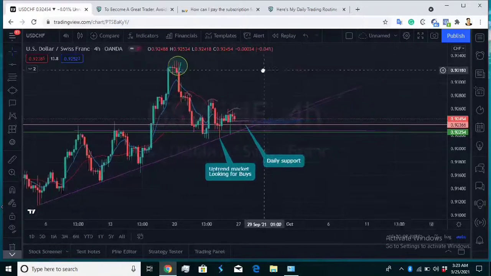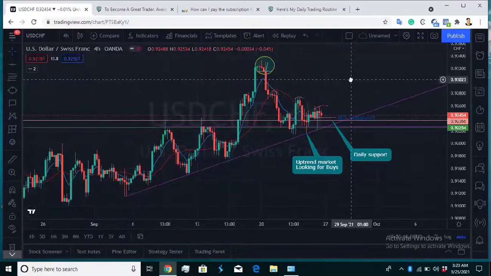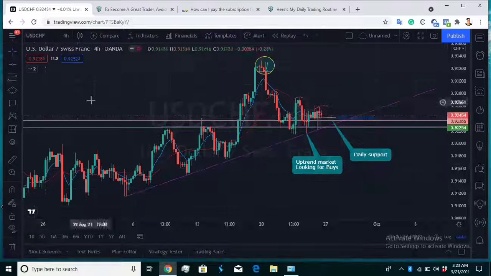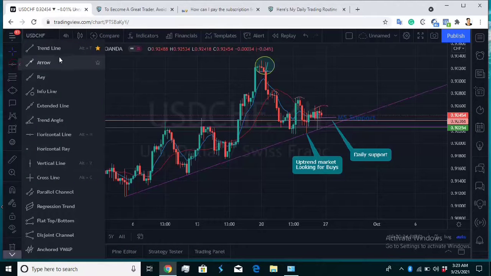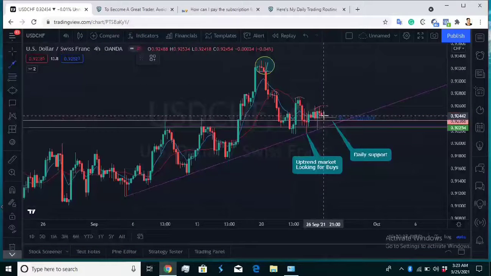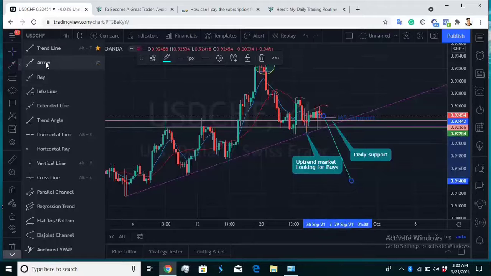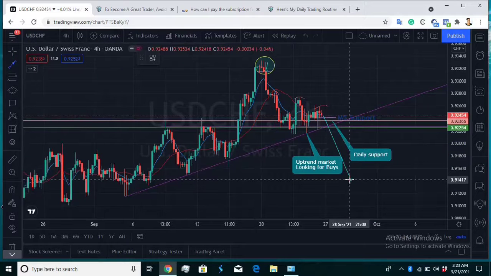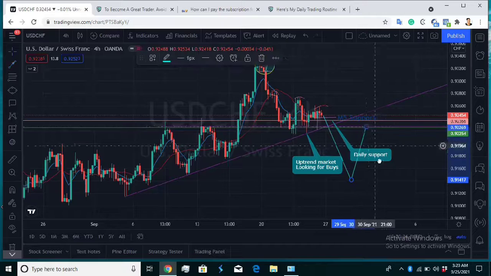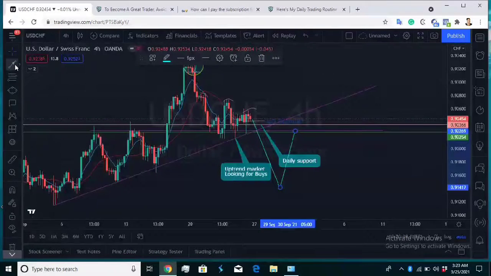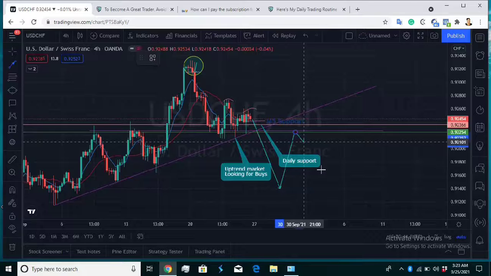But that notwithstanding, I'm not rigid in my analysis. The market can do anything, so I always have room to comprehend the fact that the market can decide to go for a sell, to just break below this point and do something like this, and then come all the way and do something like this.